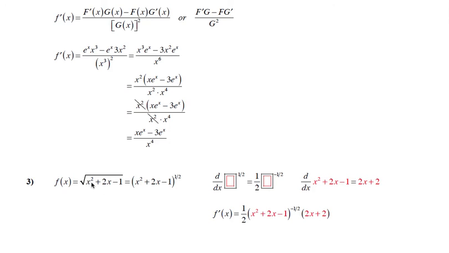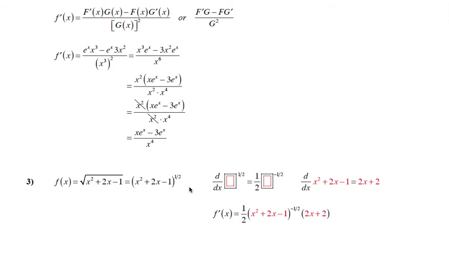The cube root of this would be this function that's inside raised to the 1/3. The fourth root, if this was a fourth root, would be this entire function here raised to the 1/4. And you do that so that taking the derivative is much simpler.